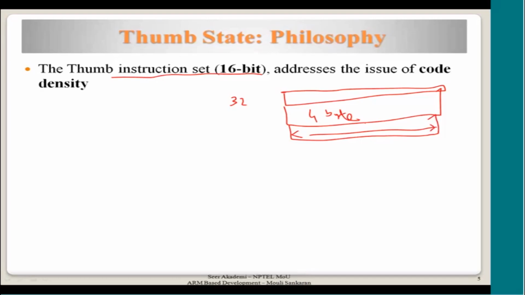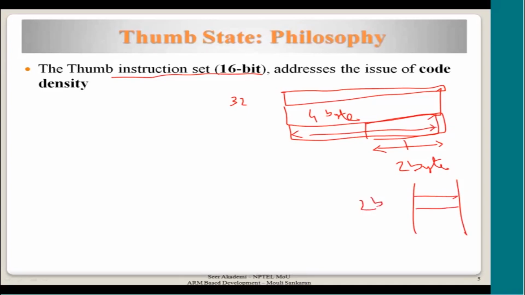Whereas in thumb mode, it is 16-bit wide instructions. So one instruction is just 16 bits wide. That means only 2 bytes. Naturally the thumb instructions are organized in memory on 2 byte boundaries.